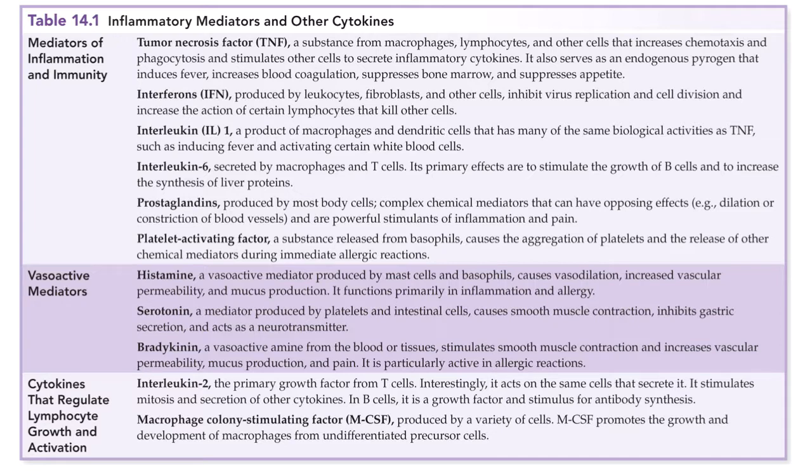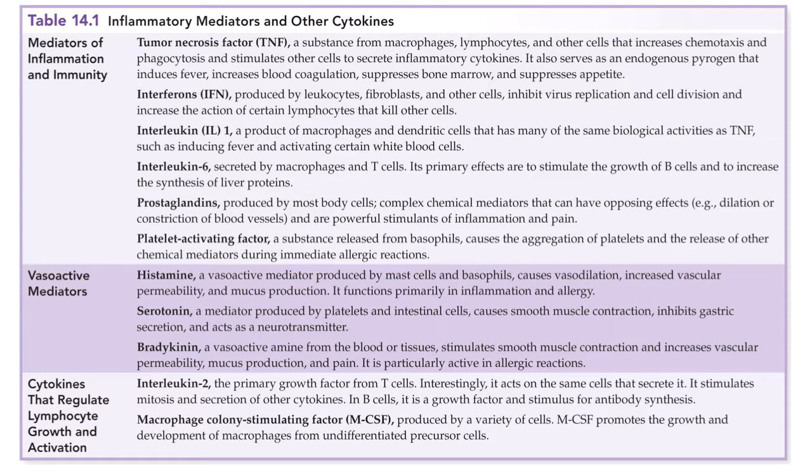Other ones are bioactive mediators that are going to change the vascular permeability of those vessels: histamine, serotonin, and bradykinin. And last but not least, you have cytokines that are going to regulate lymphocyte growth and activation. The most important of those are interleukin-2, produced by B cells and T cells, and macrophage colony-stimulating factor.